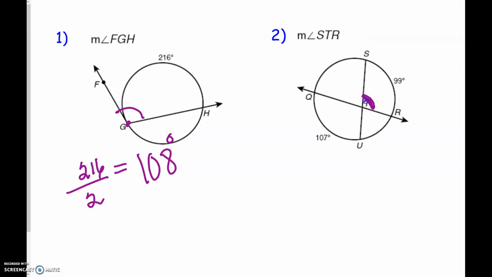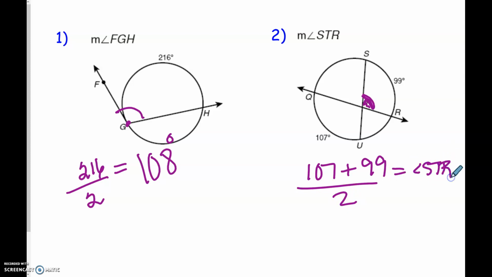So we're looking for this angle. When they're on the inside, it's the sum: 107 plus 99 divided by 2 is going to give you that angle STR. And if I did my math right, it's 103 degrees. So when it's on the inside, we add them up and divide by 2.